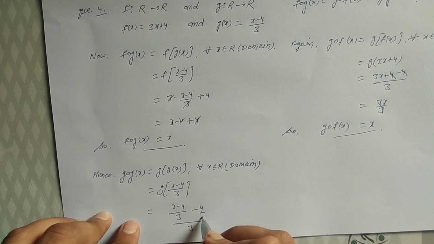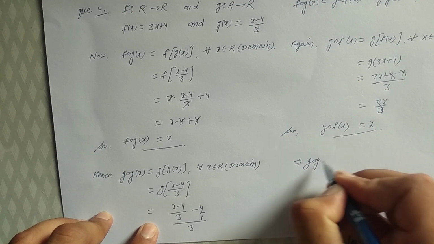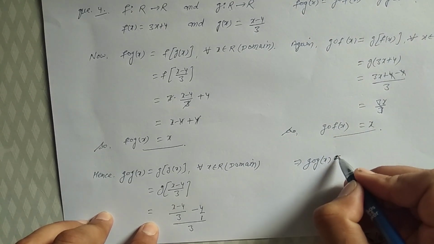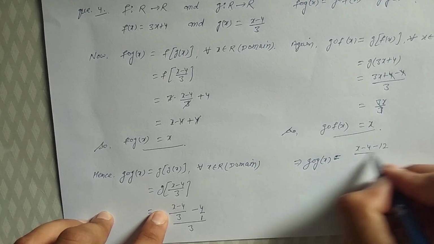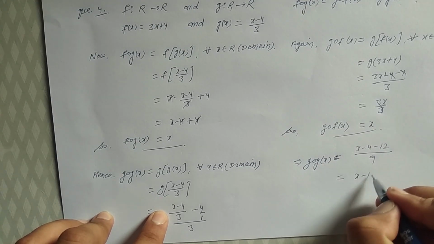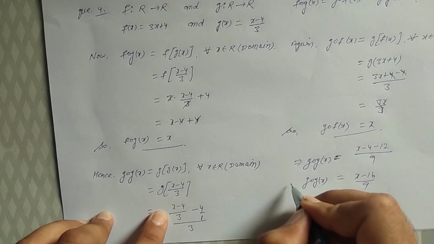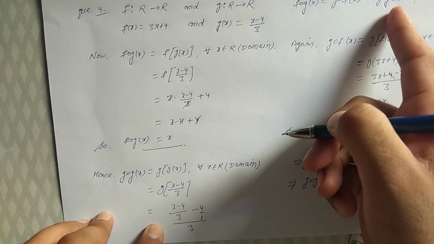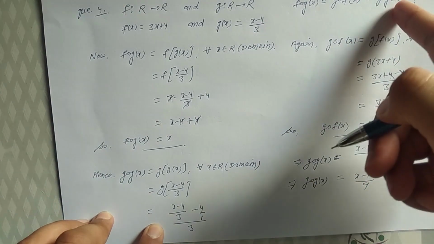Taking the LCM of 3 for 4 by 1, gog(x) is equal to (x - 4 - 12)/9, which is equal to (x - 16)/9. For gog(1), x is equal to 1.